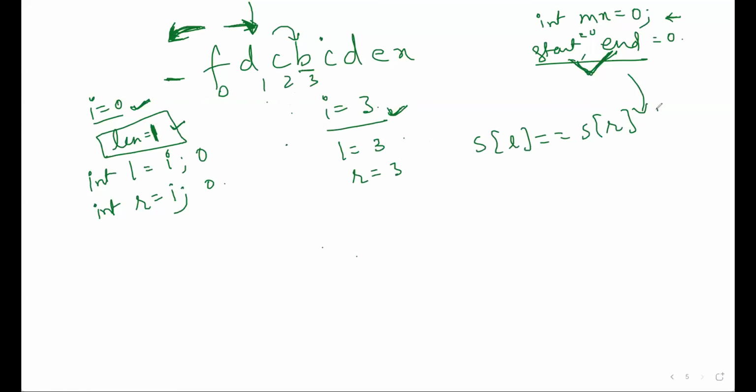Yes, it is equal. So I can consider this character to be part of my substring. Okay. After that, once they are equal, you have to move in both directions. You'll move in the left direction and right direction, and compare again.